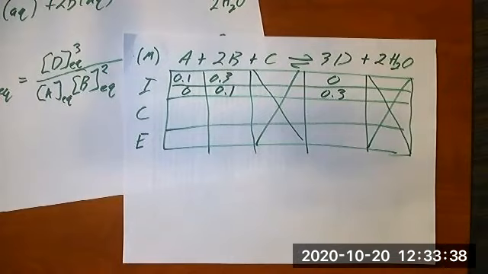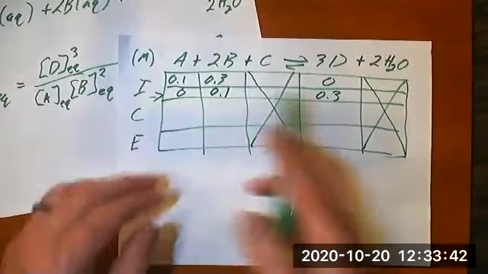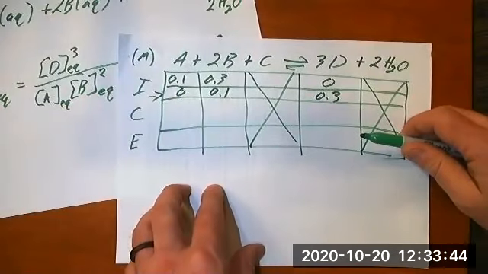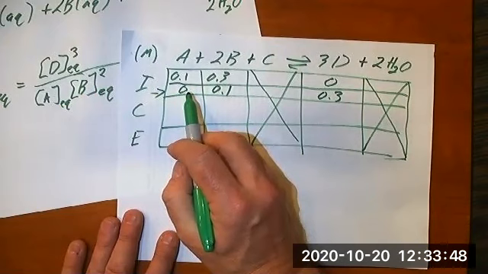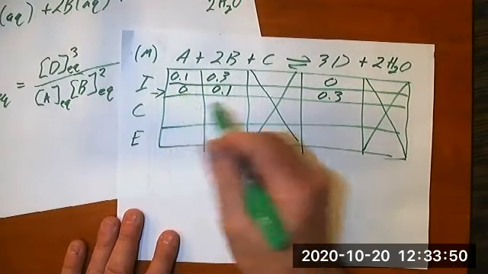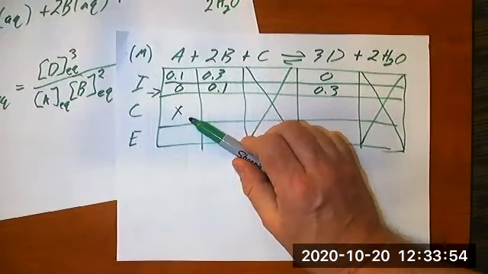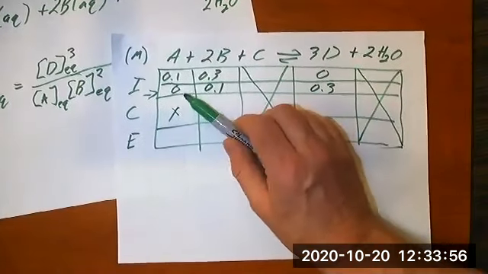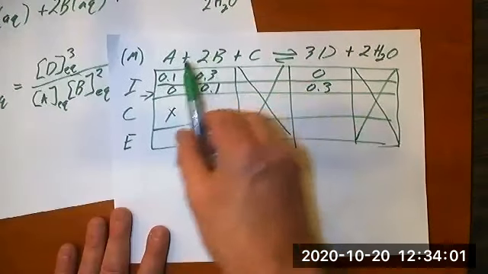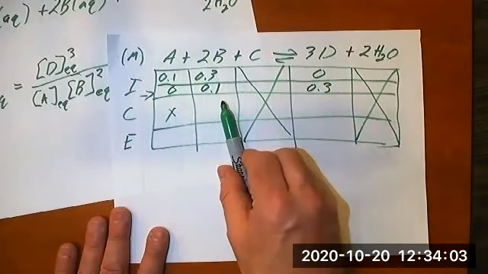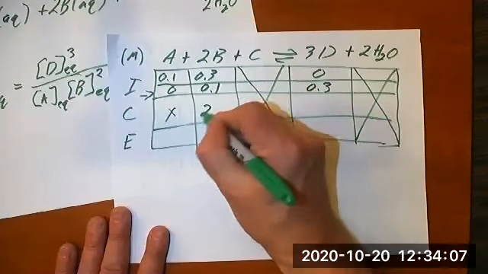So we now have to say, what is our change? So if we're starting here and we have a change, can we go below 0? No. So that means this is going to be our x, positive value. This has to go up by something. If this goes up by x, what happens to B? Goes up by 2x.